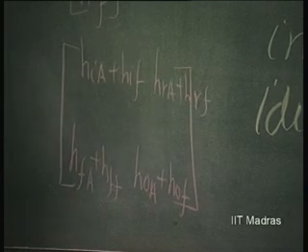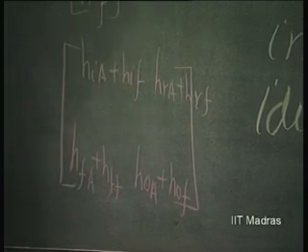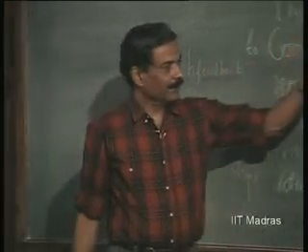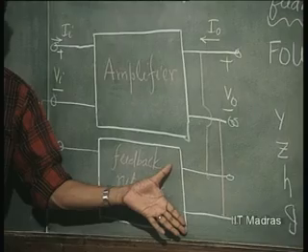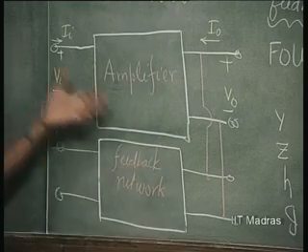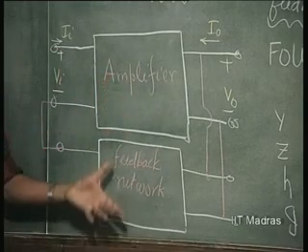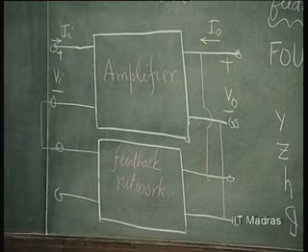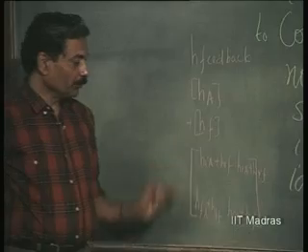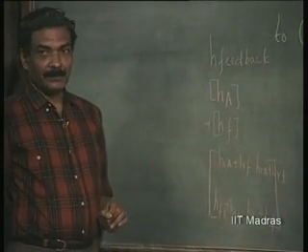This is a very easy technique to obtain the composite parameter. If this is in series at the input and shunt at the output, then you know that it is H feedback, and simply take the H parameter of the amplifier and add it to the H parameter of the feedback network. Then what happens? This is the composite H parameter.